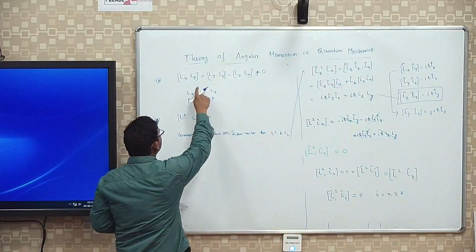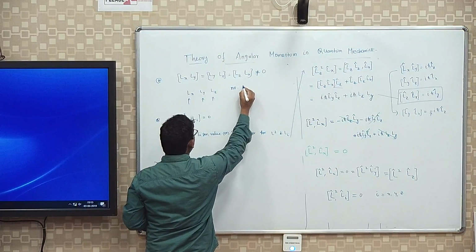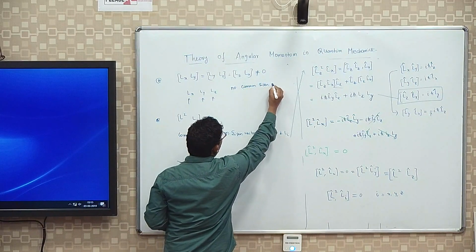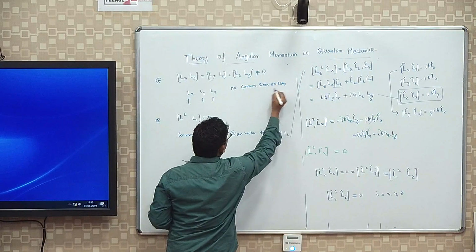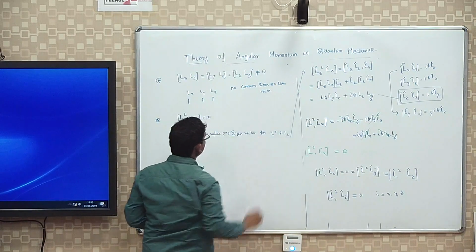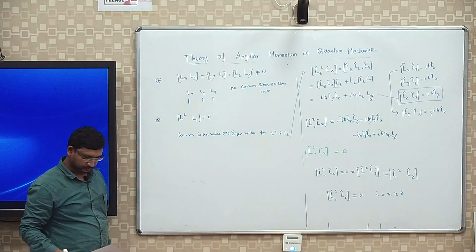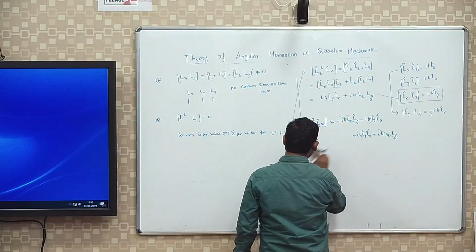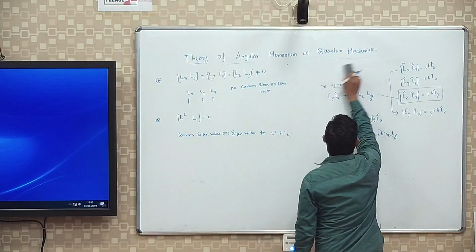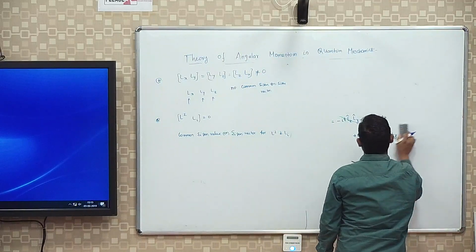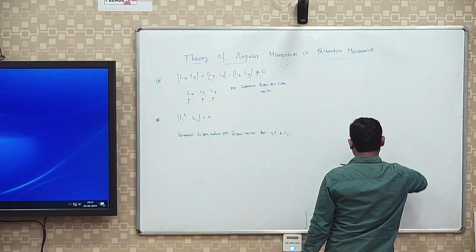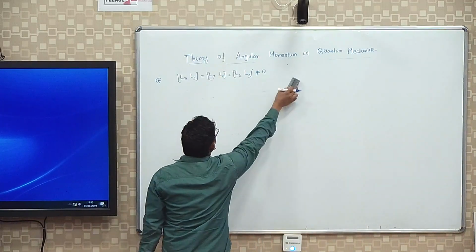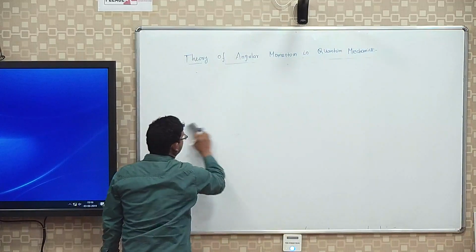But here, for Lx, Ly, Lz, there is no common eigenvalue or eigenvector. So the next target is to find the eigenvalue and eigenvector of L² and L in a particular component.